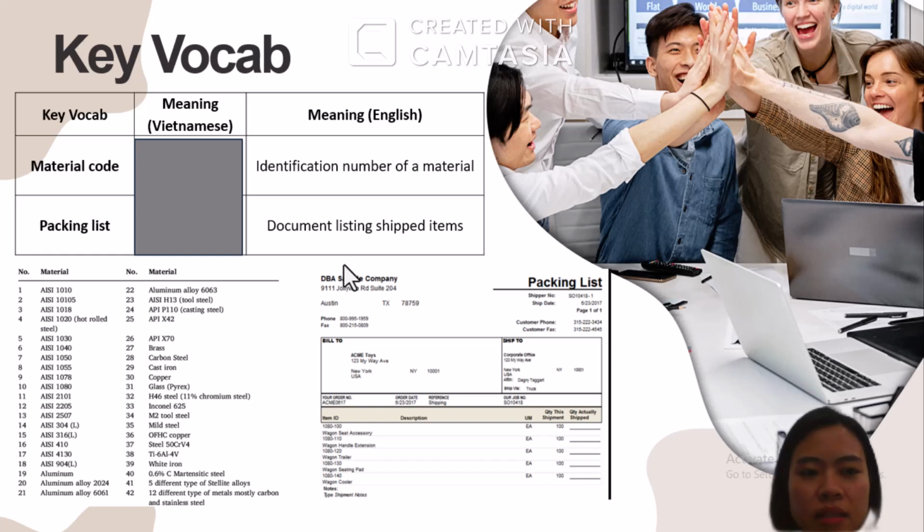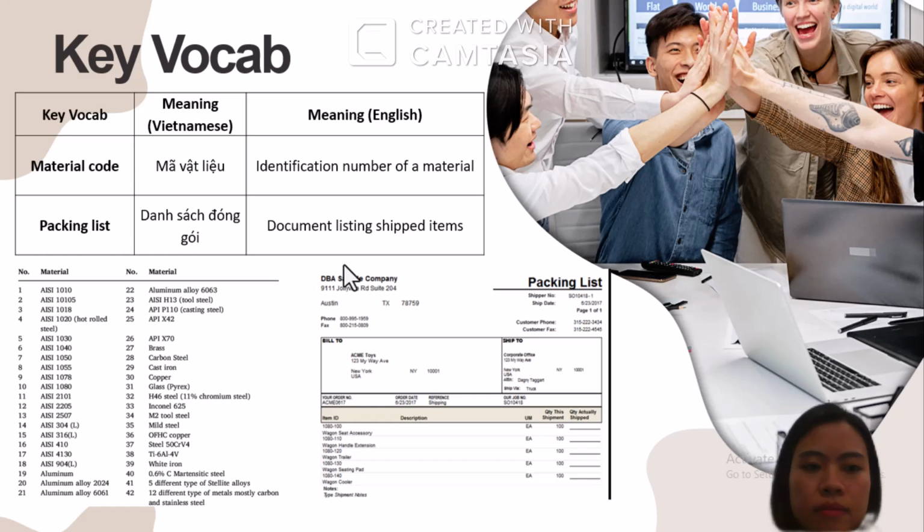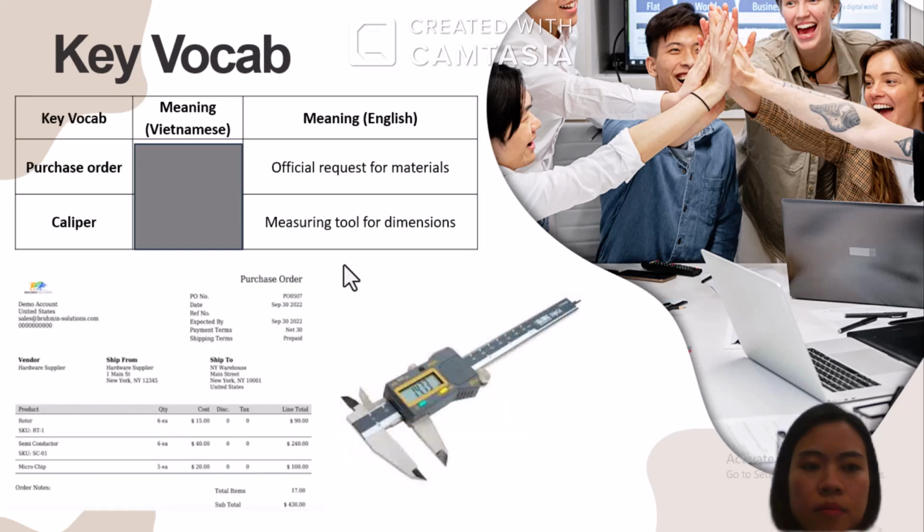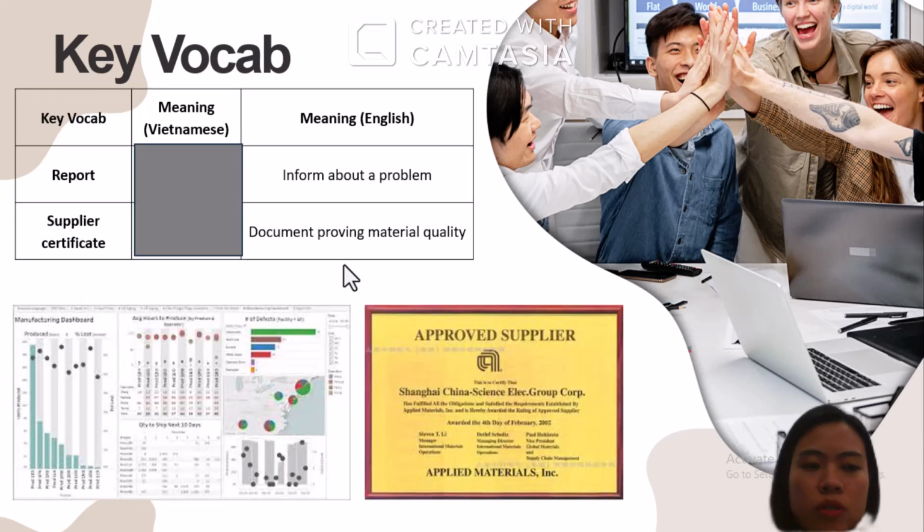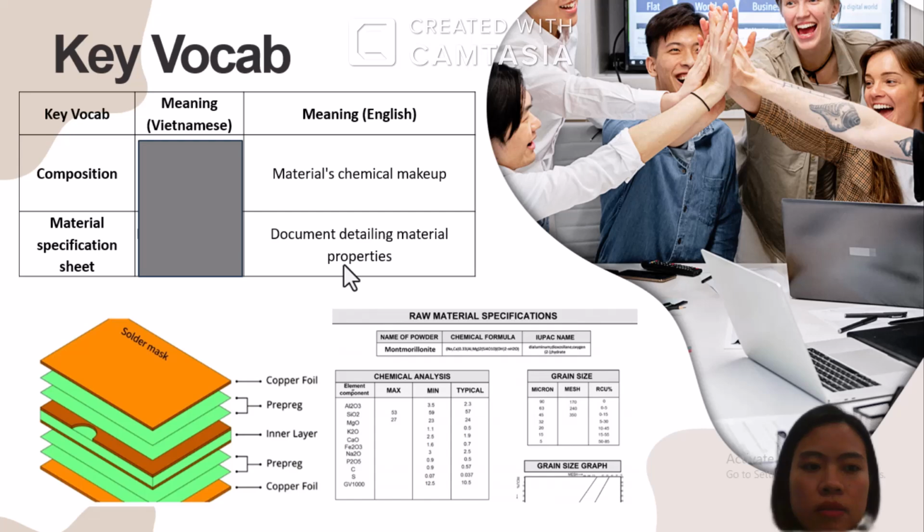Packing list. Purchase order. Caliper. Report. Supplier certificate. Composition. Material specification sheet.